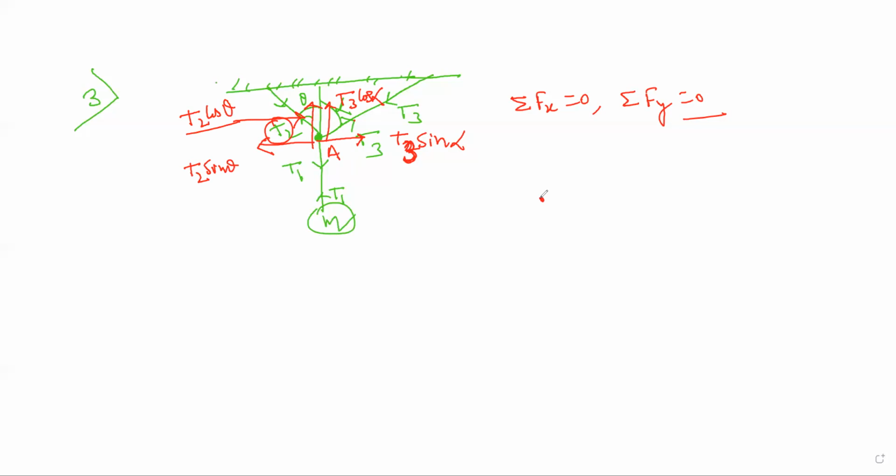What is happening at this point? T3 cos alpha is acting vertically upward, and T2 cos theta is also acting vertically upward, and in the downward direction there is T1.